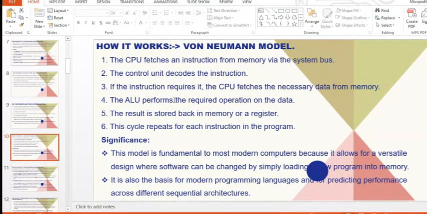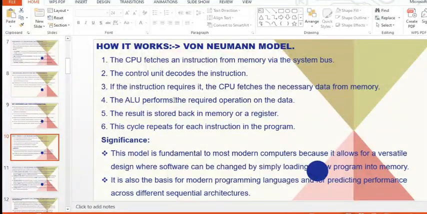So take this into consideration. As we focus on the von Neumann model, how does it work? In the production environment, how do we use this von Neumann architecture model? First, the CPU fetches an instruction from the memory via the system bus.